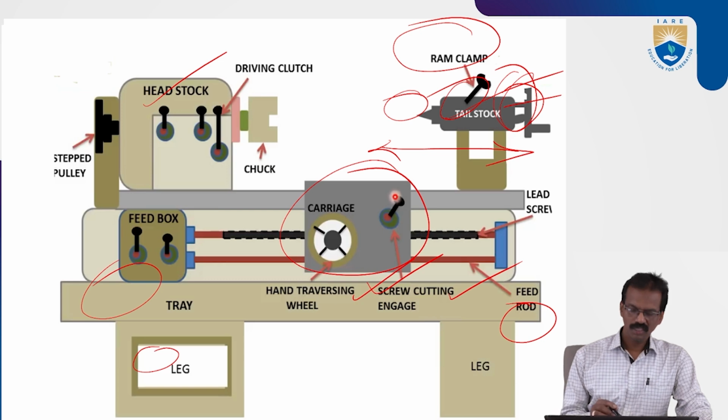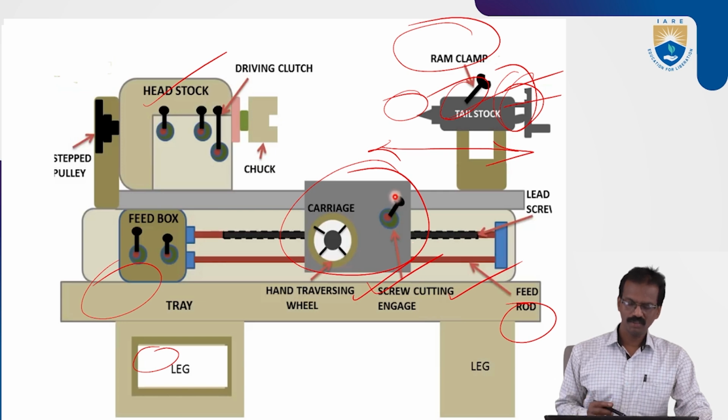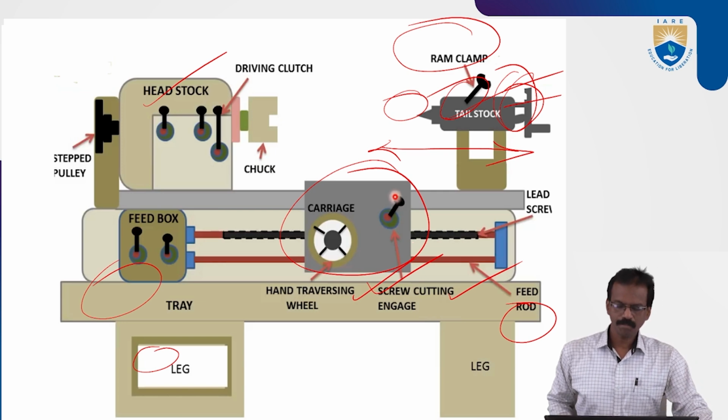This carriage is attached to the feed rod and lead screw. For automatic movement, the carriage is connected with the lead screw. Otherwise it is connected only to the feed rod for the manual movement of the carriage. So this is the carriage.